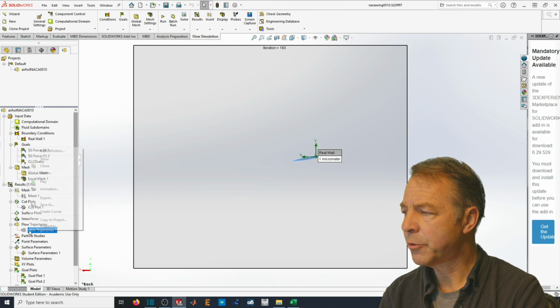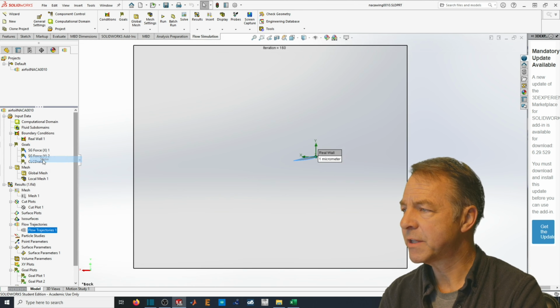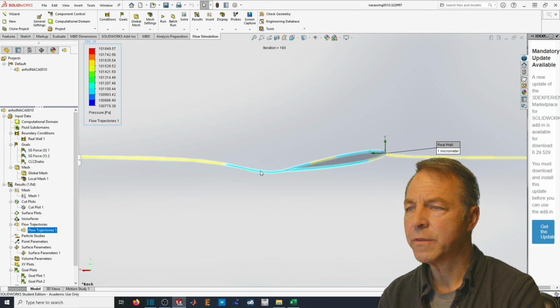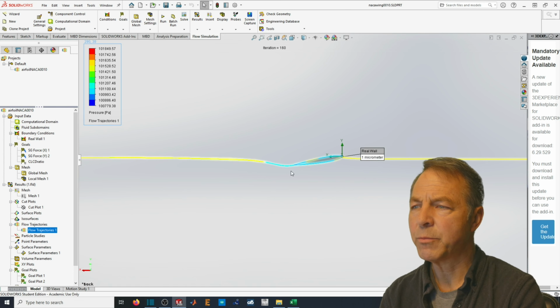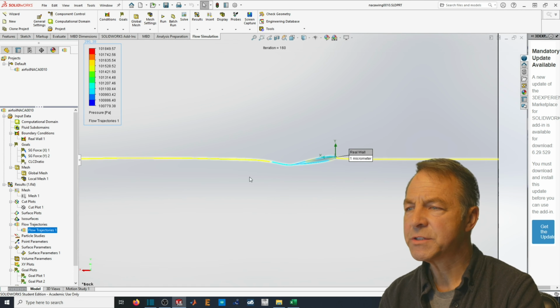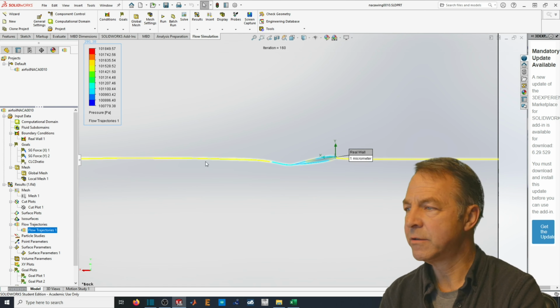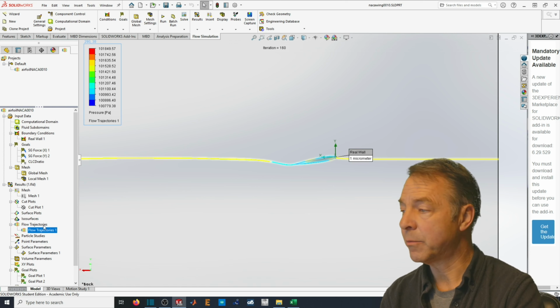Let's see what the flow trajectory looks like in this case. So that looks kind of funny. We didn't see that before. Remember, in the previous one we saw a nice steady flow line that stayed relatively low down.